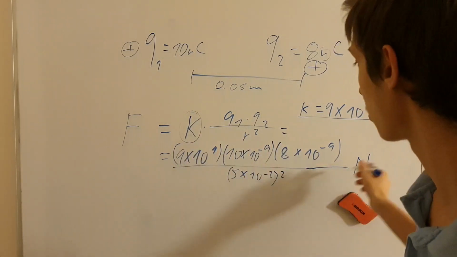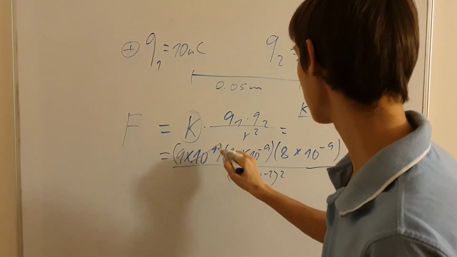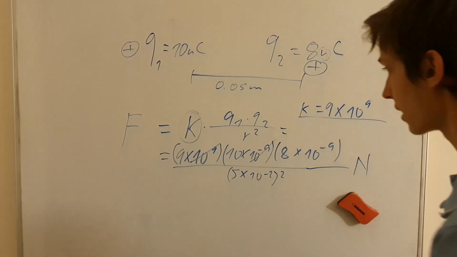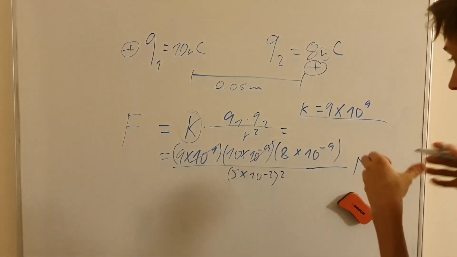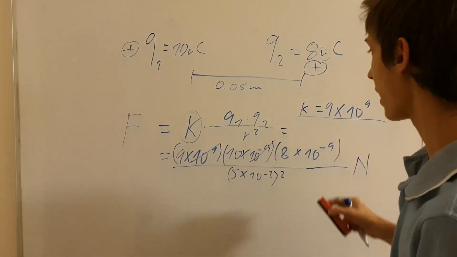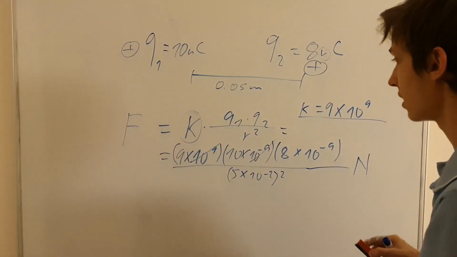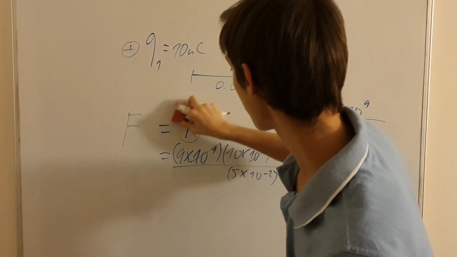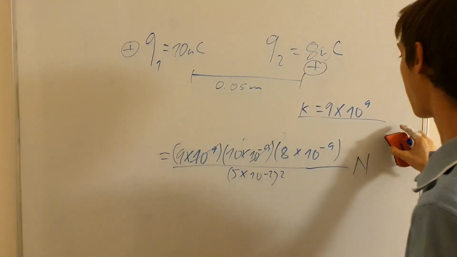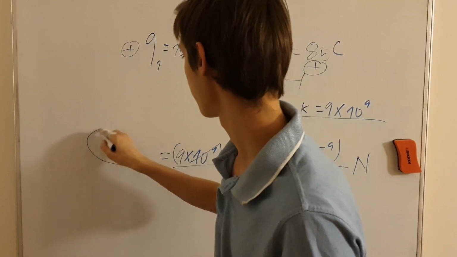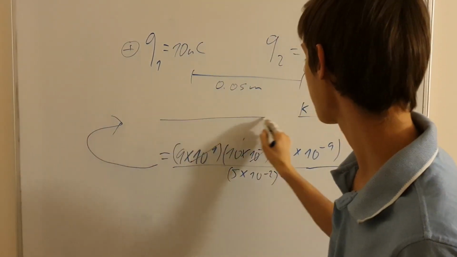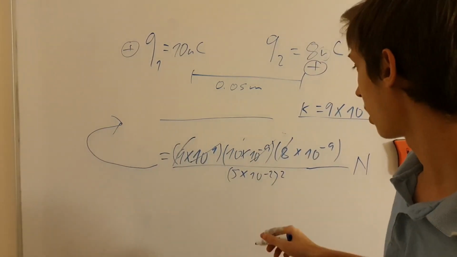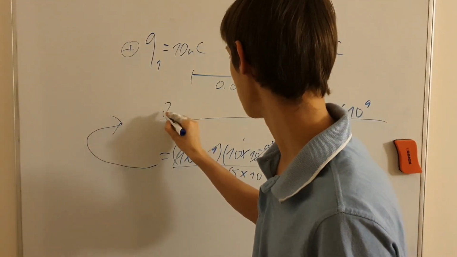So now I can just rewrite all of this. 10 to the 9 will cancel, for example, with this one. Then I can connect all these numbers that are not 10. By the way, I can delete this initial formula. This is basically the pattern that we are following here. So that is the most important part, and now I'm just doing an example of it. So what's left here is 9 times 8, which is 72.